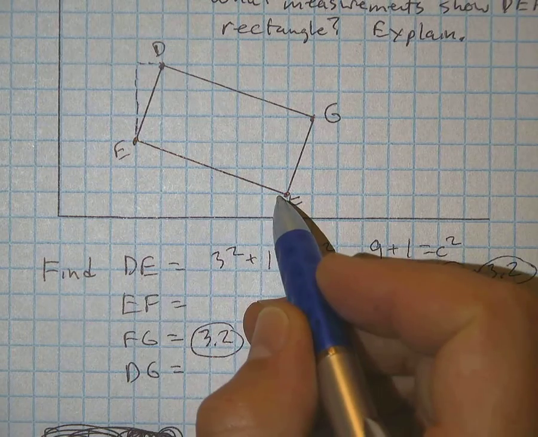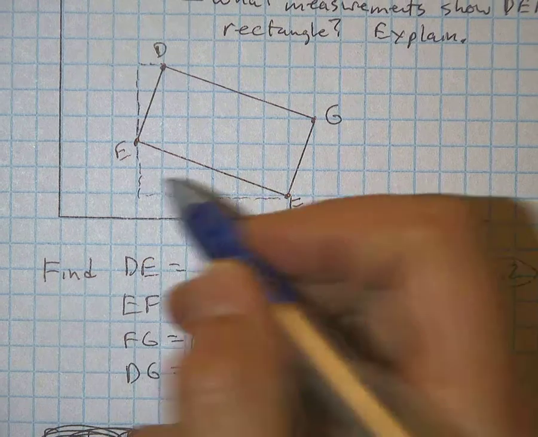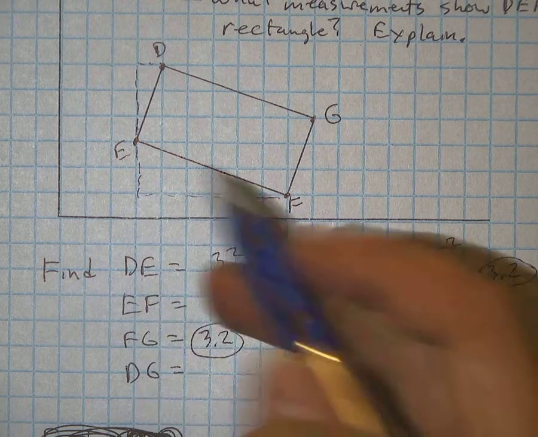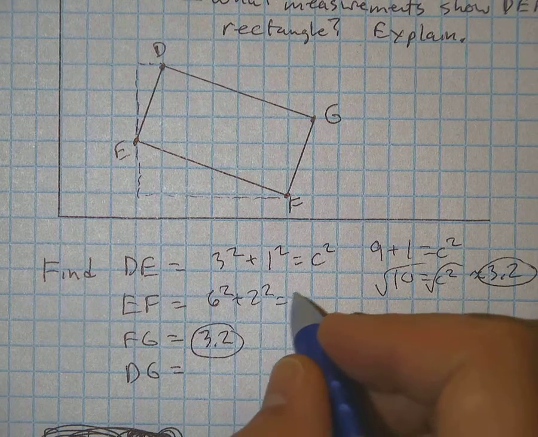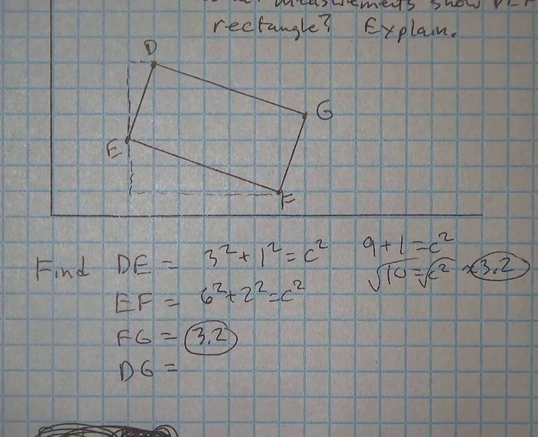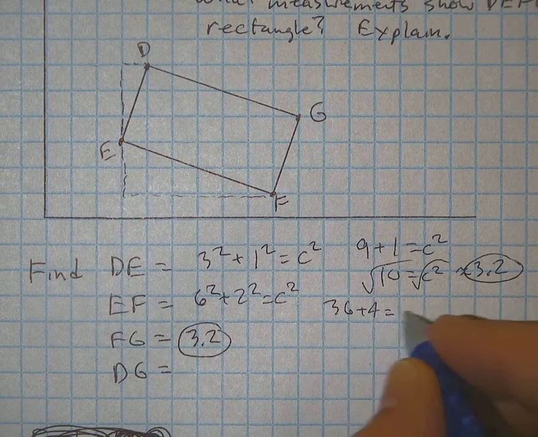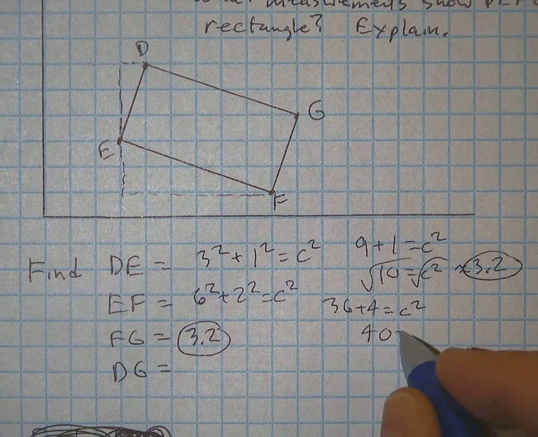So I go across on the line and go down. I could go over 1, 2, 3, 4, 5, 6, go up 2. So I take 6 squared plus 2 squared equals c squared. When I do that, I'm going to get 36 plus 4 equals c squared. I get 40 here, equals c squared.